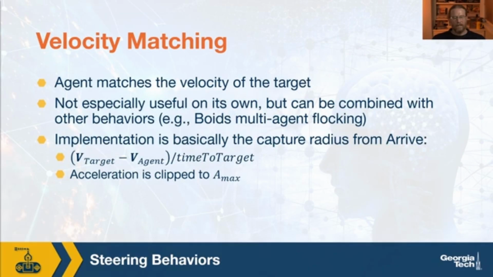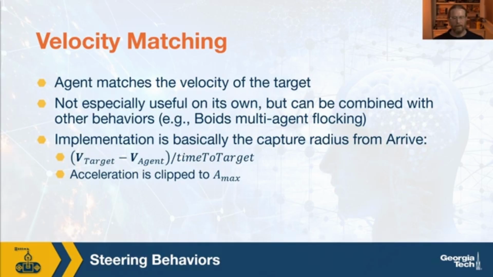And we can also do velocity matching, and we've already seen that with the capture radius, just for a small period of time. But we can do this for other scenarios too, like maybe an agent that wants to move in the same direction and speed as a buddy moving in a group. That would be a situation for that. And it can be seen in the Boids implementation, which we will talk about later, for flocking.